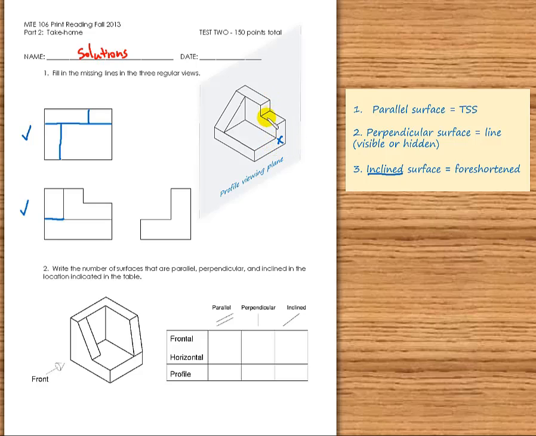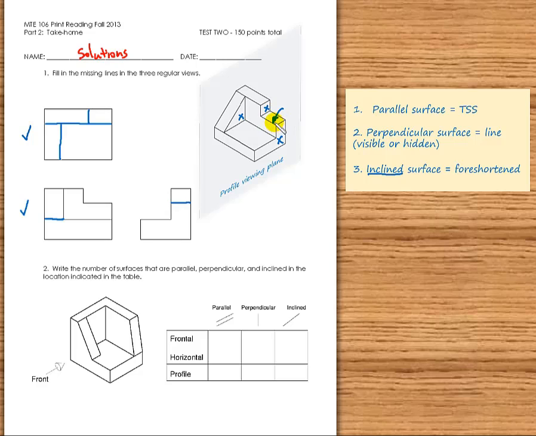Here's one, and here's one. These should all appear as true size and shape surfaces in the right side view. We only see one surface, so we're not distinguishing in the right side view between this surface and this surface. If we take a look at this surface, notice it's perpendicular to the profile viewing plane, that means it should be represented there by a line, and that line would be right here.